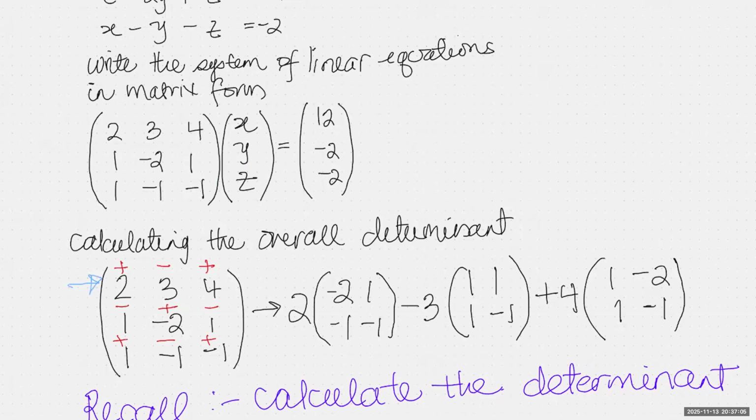This column is representing what variable? X. Very good. And this column representing the? Y. And this column representing the? Z. Good. When you're calculating the determinant of x, all of this you're removing and replacing it with this.